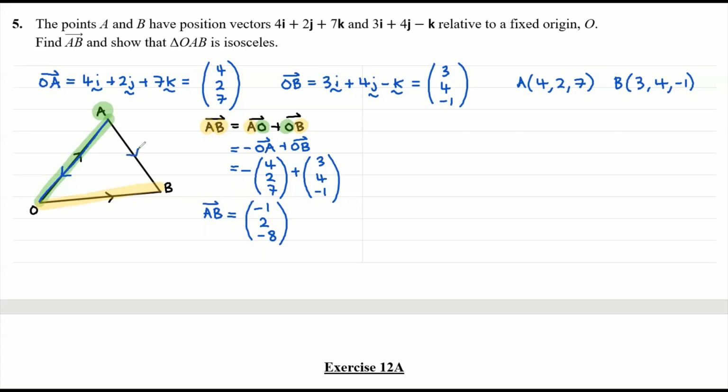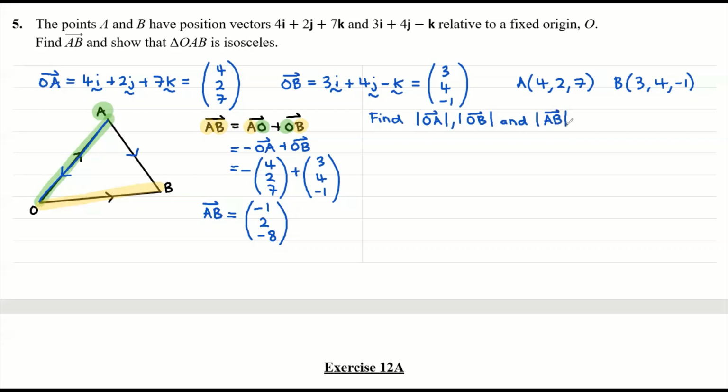Now then, we have to show that triangle OAB is isosceles. To do that, we're going to need the magnitudes of each of these sides. So for the next bit, we're going to need to find the magnitude of OA, the magnitude of OB, and the magnitude of AB.